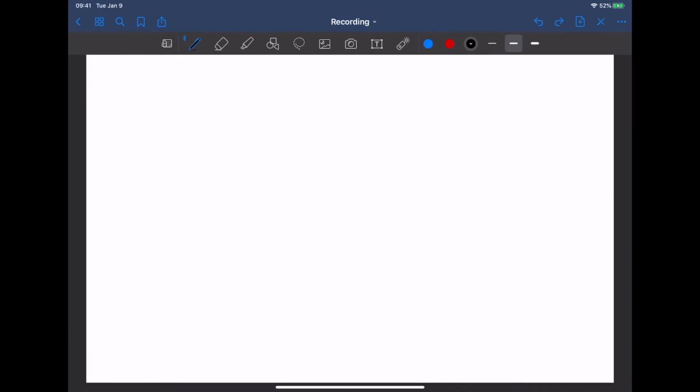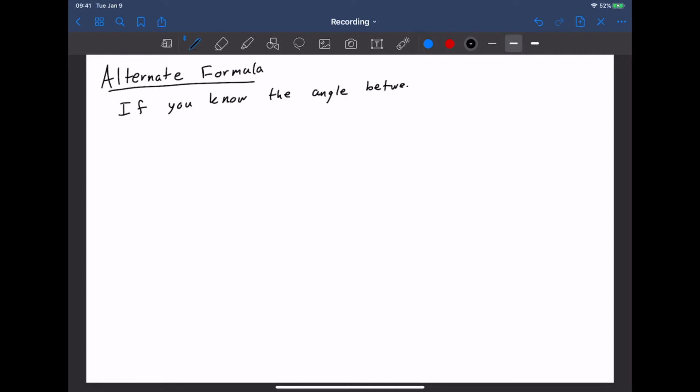One other formula that we're not going to develop, but is useful for us. If you know the angle between A and B, so one more time, I guess I've been drawing them kind of orthogonal.